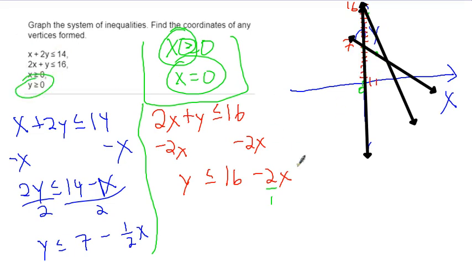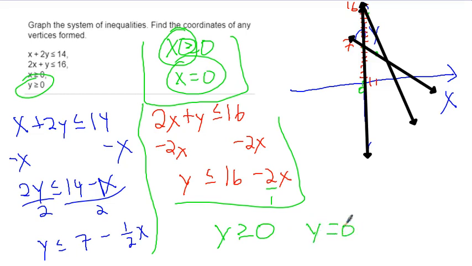And then the last one here is y is greater than or equal to 0. It's already solved for y. So we're going to graph this as an equation. We're going to graph y equals 0, which is a horizontal line that goes through 0 on the y-axis. So if it's a horizontal line passing through 0 on the y-axis, that's just going to be your x-axis.